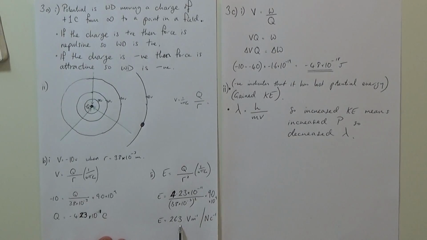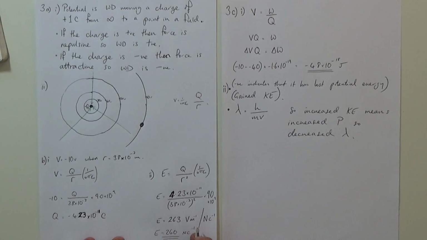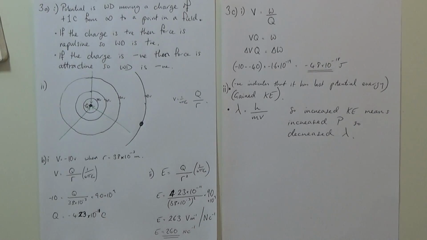It doesn't change it massively. And that comes out at 263 volts per meter or newtons per coulomb, whichever you prefer. It should be to 2 significant figures really, so it should be 260. That's the proper answer.